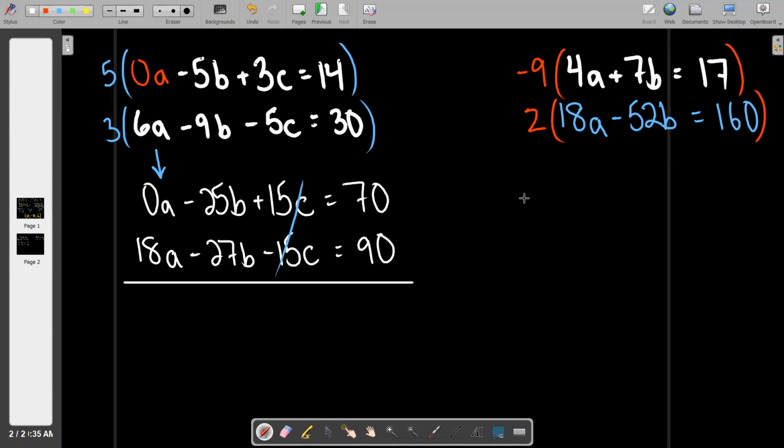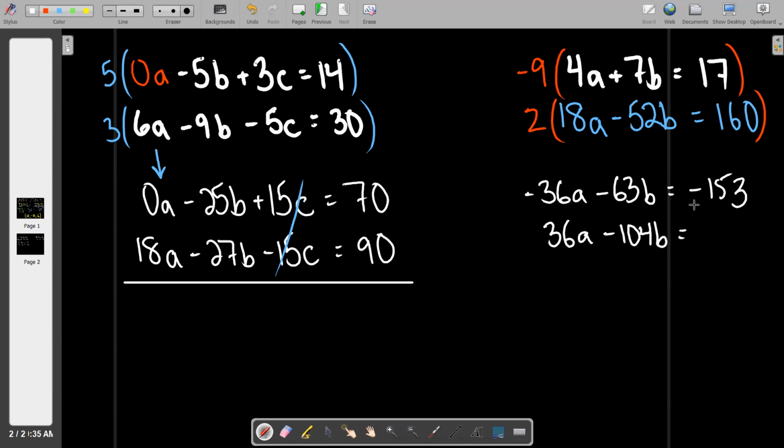So I'm going to wind up with -36a minus 63b equals -153. Bottom is going to be 36a minus 104b equals 320.